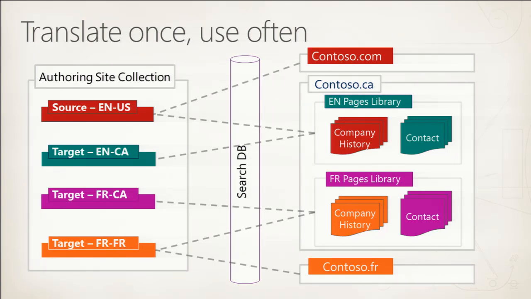And so you could imagine that if Contoso was moving into additional French markets, they could continue to pull that company history page from the FRFR site, and they only have to manage it once, and they only have to translate it once.